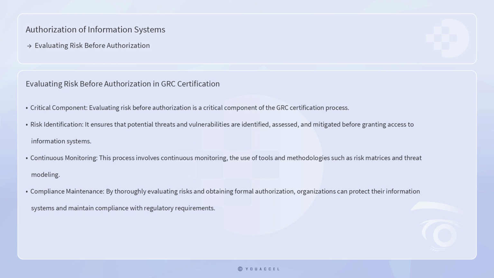By thoroughly evaluating risks and obtaining formal authorization, organizations can protect their information systems and maintain compliance with regulatory requirements. The importance of this process cannot be overstated, as it forms the foundation of a secure and compliant information environment.